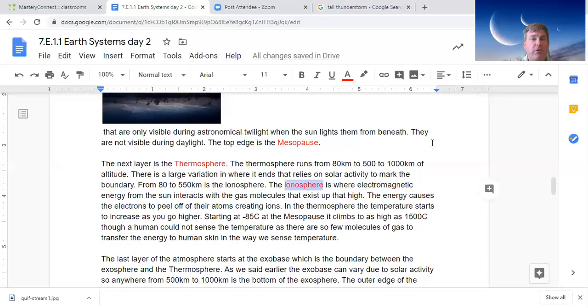And that's where, if you've ever heard of aurora borealis, that's kicking up. And it starts at minus 85 degrees Celsius and climbs as high as 1,500 degrees Celsius, which is extremely high temperature. But again, we would have a hard time feeling it with our skin, which is how humans sense temperature, because there's not enough gas molecules to impart that information to us.